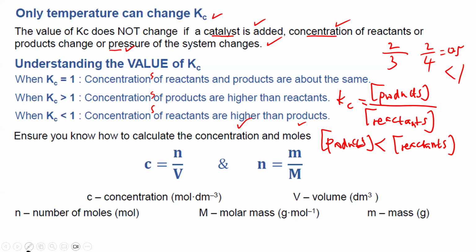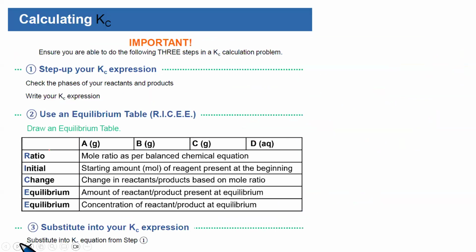Let's look at more things. Calculating Kc, and why is it important to calculate Kc? Ensure you are able to do the following 3 steps in a Kc calculation problem. First, set up your Kc expression. Check the phases of your reactants and products.